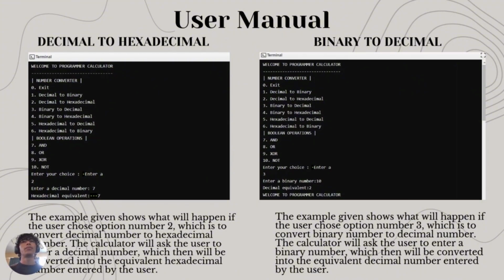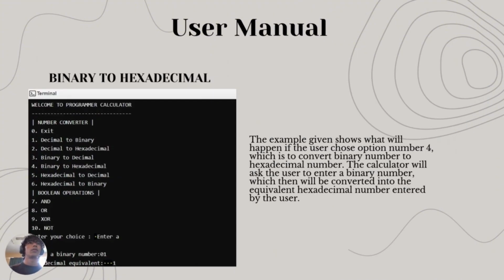Another example, when a user chooses option number 3, the calculator will prompt the user to enter any binary number, which then will be converted into its decimal equivalent. Another example can be shown in the picture as the user chooses option number 4.